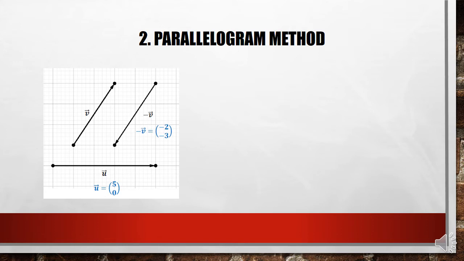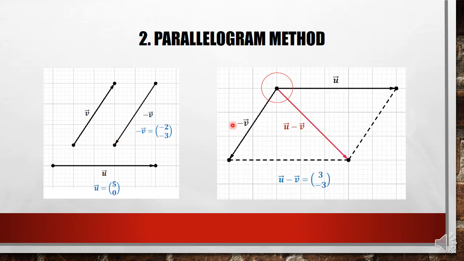Again, if I have vector u and vector v, and this is the negative of vector v. If you subtract it using the parallelogram method, you put the tail of both vectors at the same initial point. You make a parallelogram, and then this is the resultant. Vector u subtract vector v using parallelogram method.